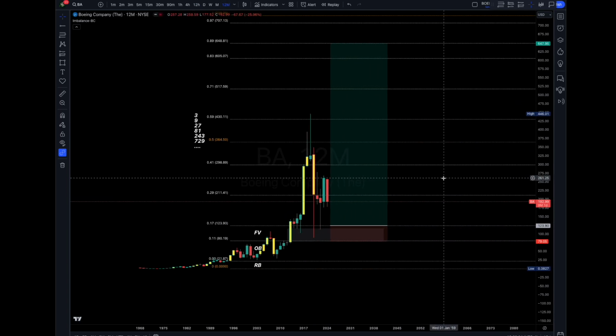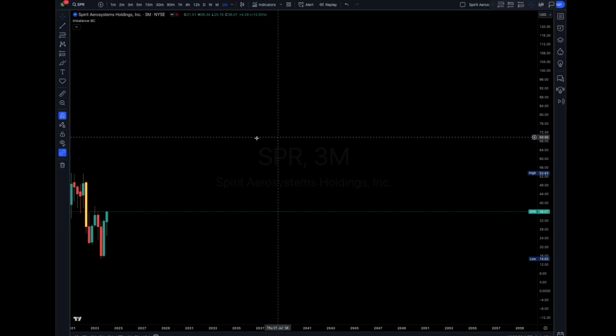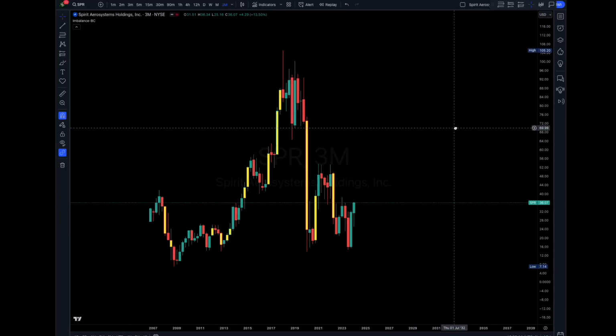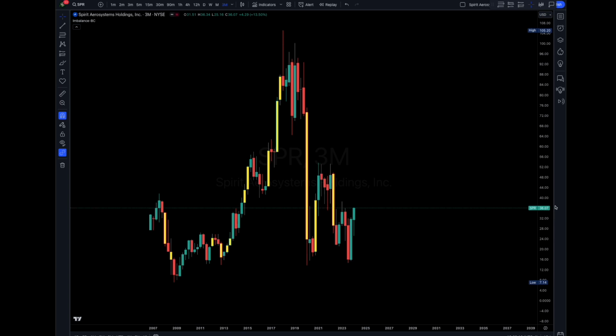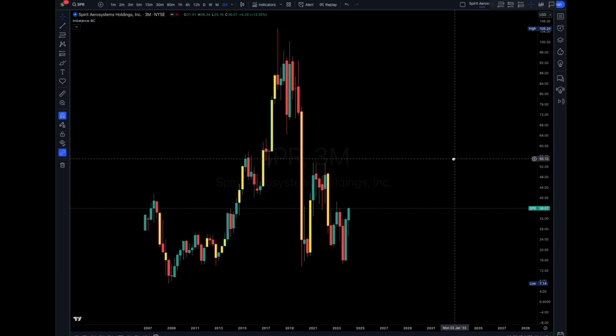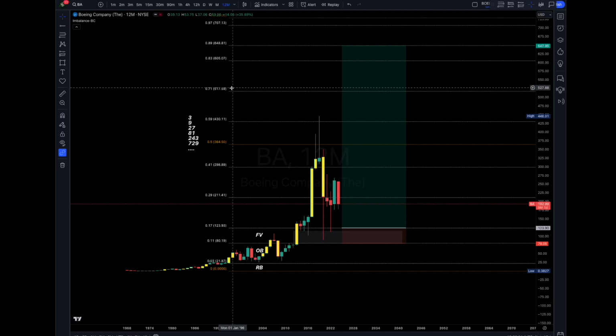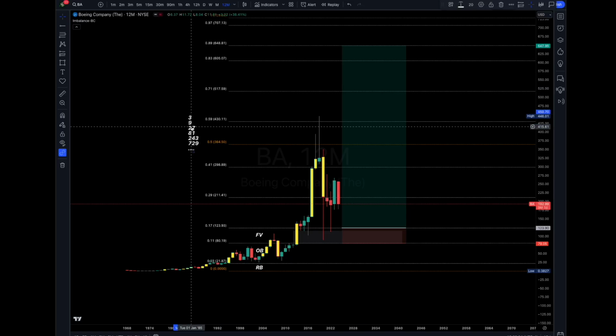Now another company that I am looking at is Spirit. So Spirit AeroSystems is another defense contractor. So you know the routine now. These are the Goldback numbers.